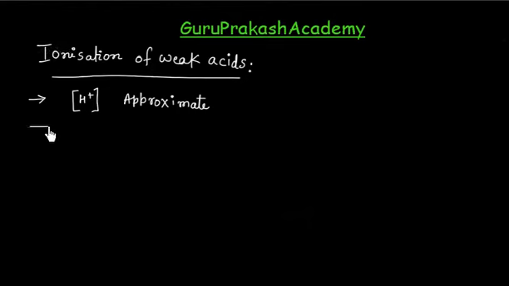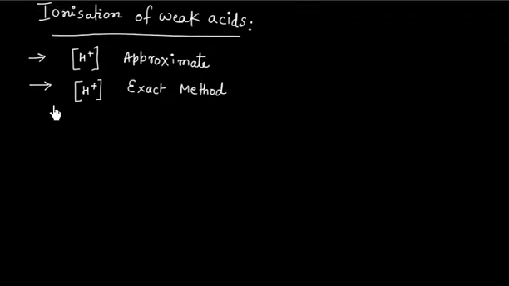Then we will discuss how we can calculate H plus by the exact method. Next, we will discuss the exact method. Further, we will discuss how the approximate method is a special case of the exact method.